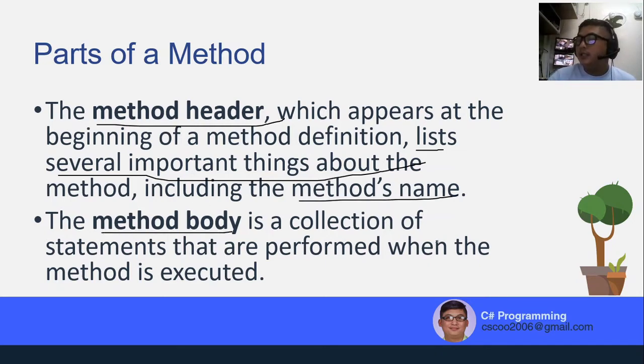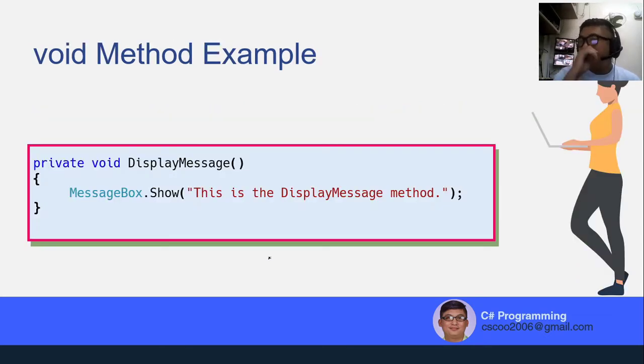A method body is a collection of valid C# statements that performs a task or statements that need to be executed. Okay? So this is an example of a method. This method simply displays a message box on the user screen.